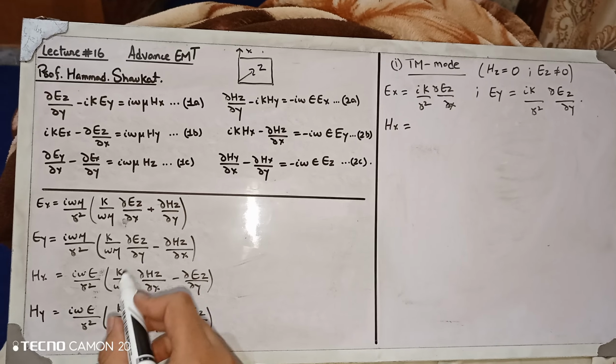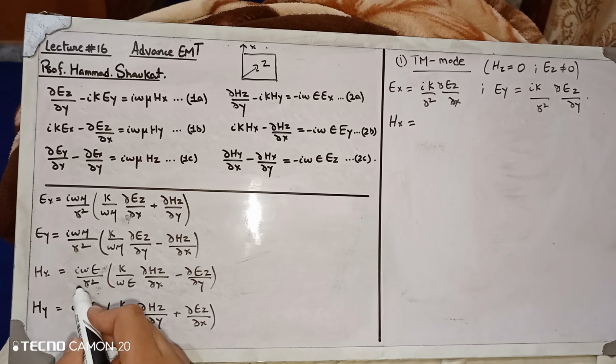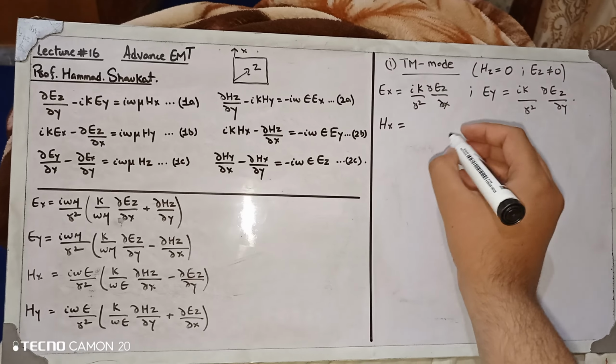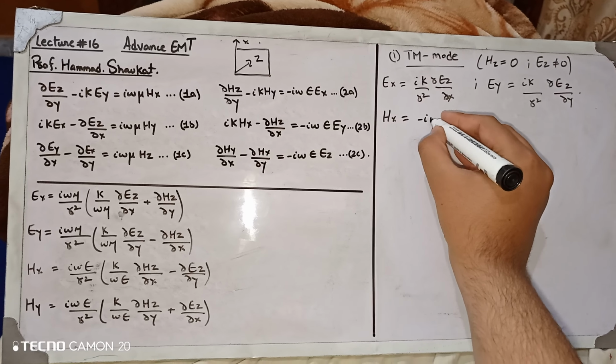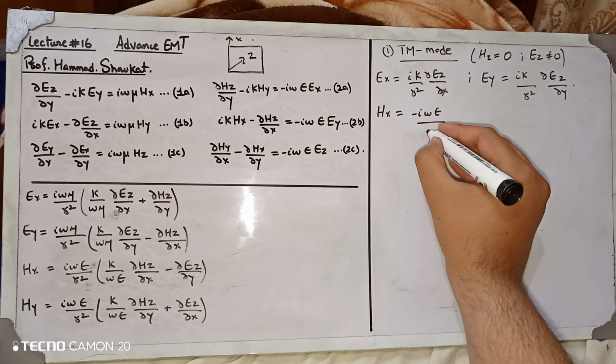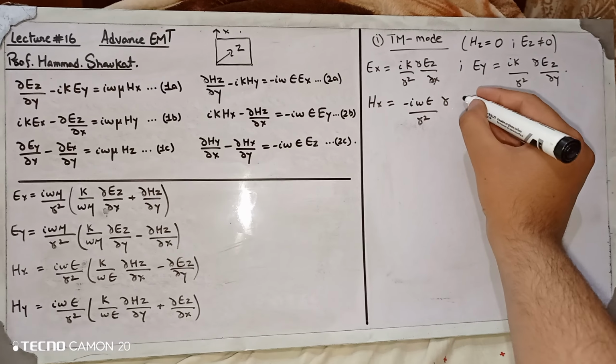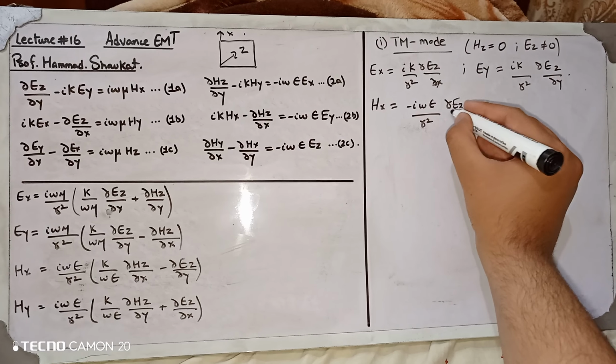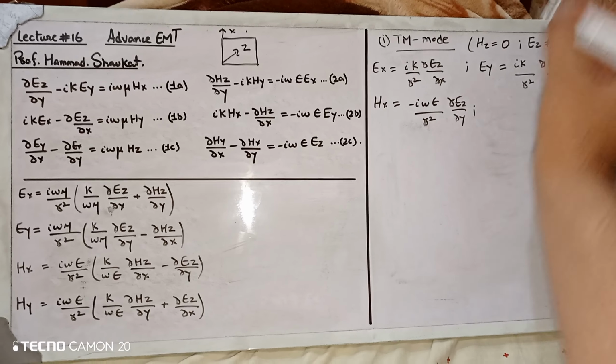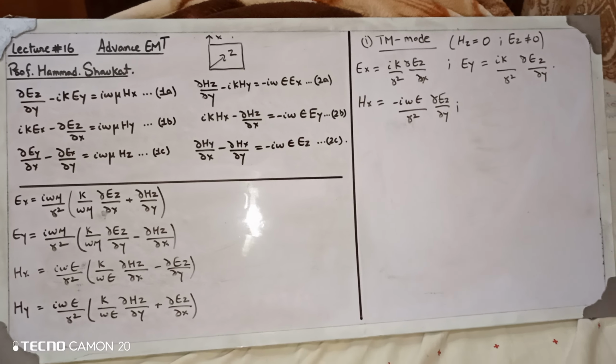In H of x, this term becomes 0, so you will be left with this, and this multiplies, so you will get minus iota omega epsilon divided by r square multiplied by this term partial Ez divided by partial y. This is for H of x.